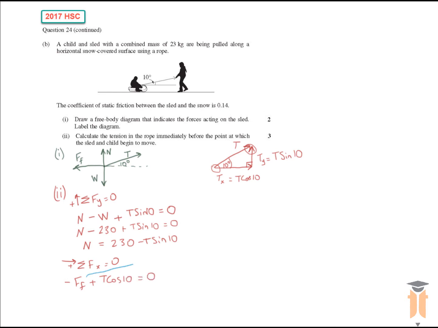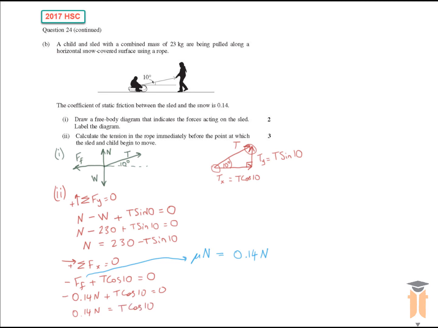Now the frictional force can be written as coefficient of friction times normal force, which you can find in the formula sheet, and that gives us 0.14, given in the question, times the normal. So going back to the equation, we now have minus 0.14N plus T cos 10 equals 0. So we have 0.14N equal to T cos 10.